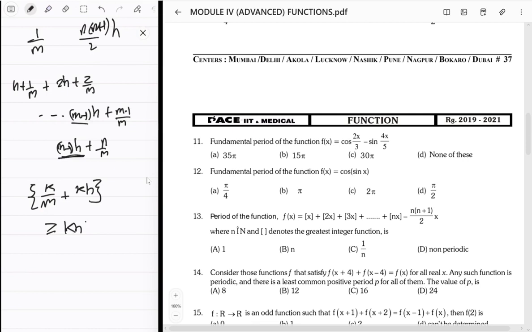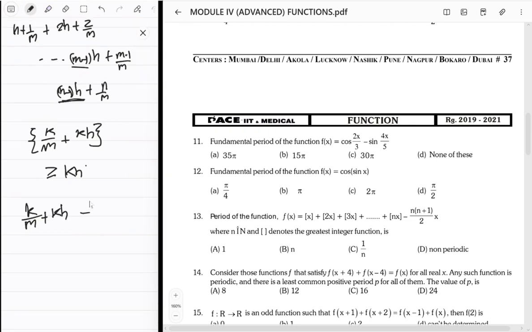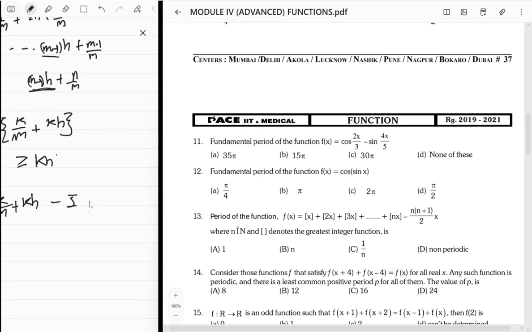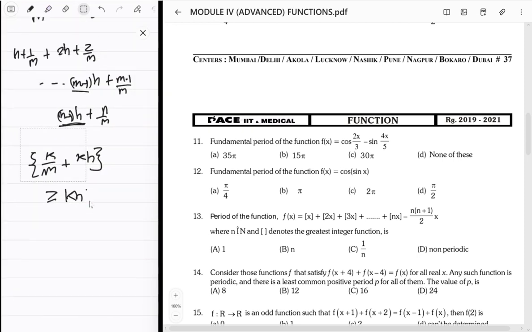Yeah, that's right, of course, because this is an irrational number. So this is just equal to k upon m plus kh minus some kind of integer, basically. So this has to be in the end irrational. Okay, this is not right. You can't just say that. That's just not correct. God, this is so weird.